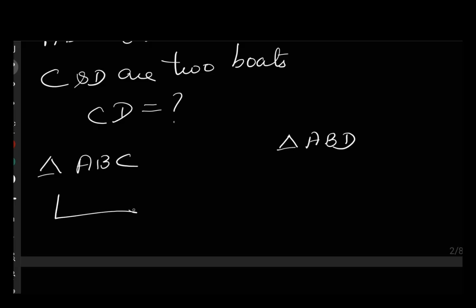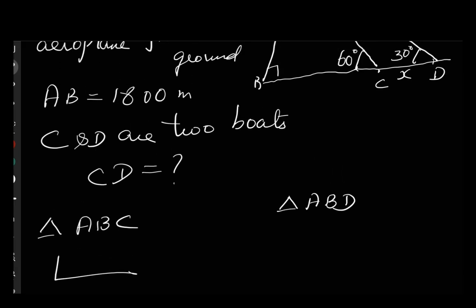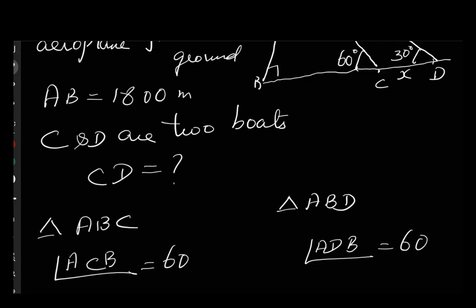In triangle ABC, angle C is 60, and in triangle ABD, angle D is 30. On both sides, you write the remaining letters, AB and again AB.